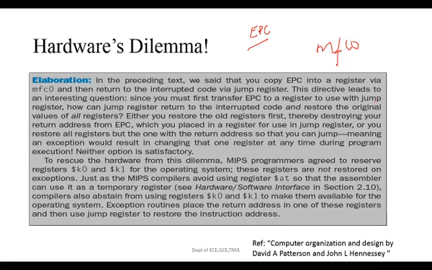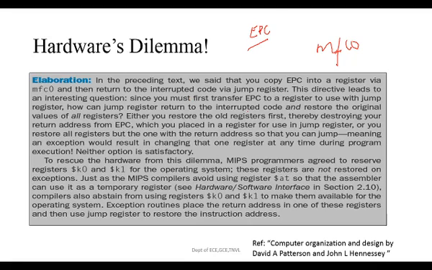That is first stored in EPC, the exception program counter. But a jump instruction cannot use EPC directly. So the EPC transfers the content to another general purpose register via the instruction MFC0, and then via the jump instruction we can jump to the address of the instruction that caused the exception.